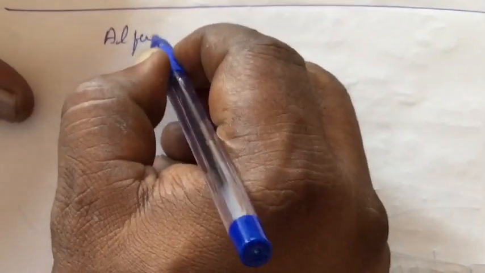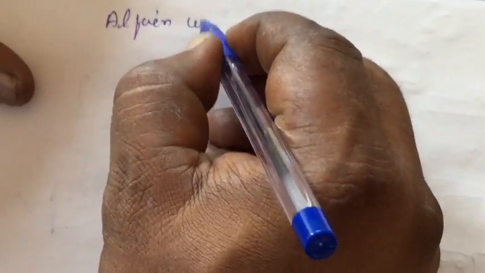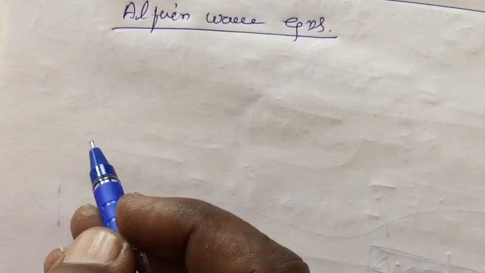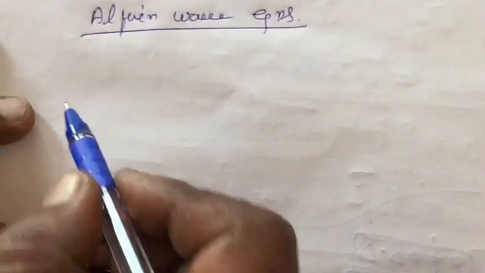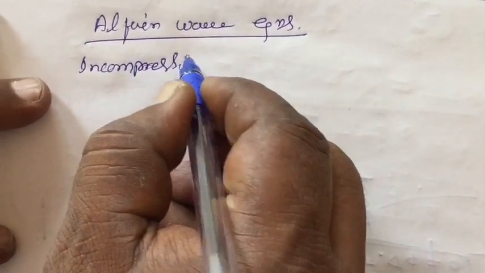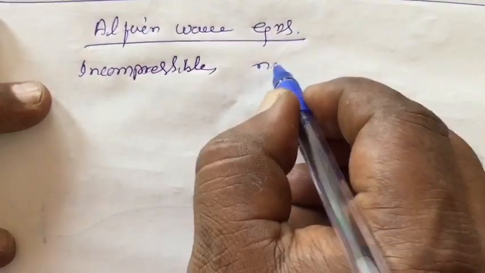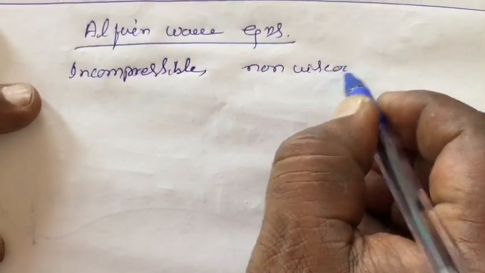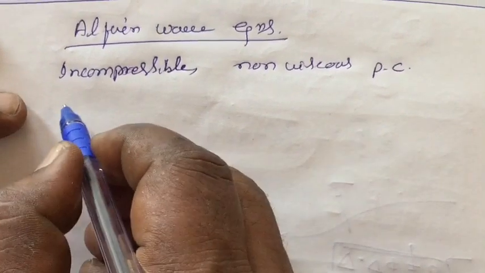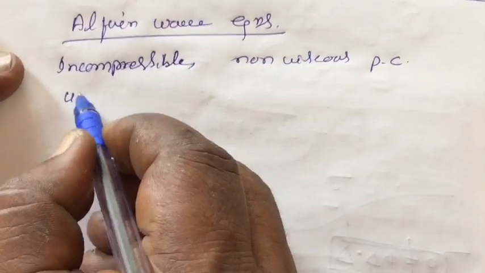Now, to derive the Alfvén wave equations, please come to my notepad. Alfvén wave equations. We have to derive the Alfvén wave equations for an incompressible, non-viscous, perfectly conducting fluid in the presence of a uniform vertical magnetic field.